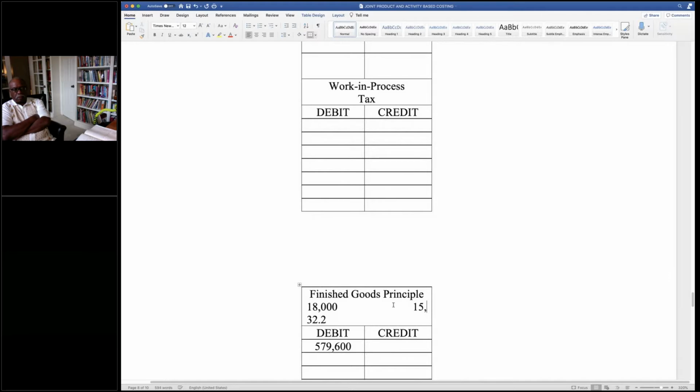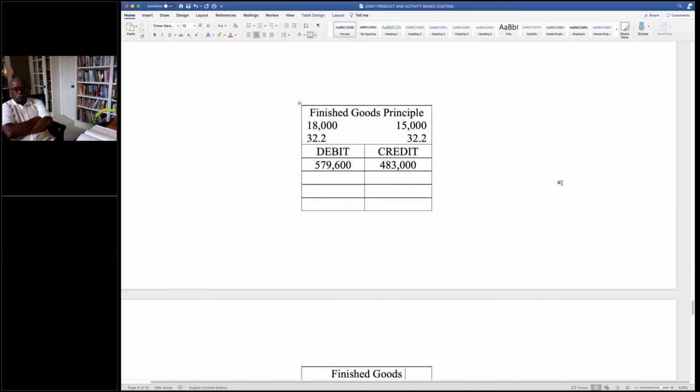So we're going to put 15,000 there and multiply 15,000 by our new unit cost to get $483. Okay, so with this given information, we can now complete the journal for the principals.